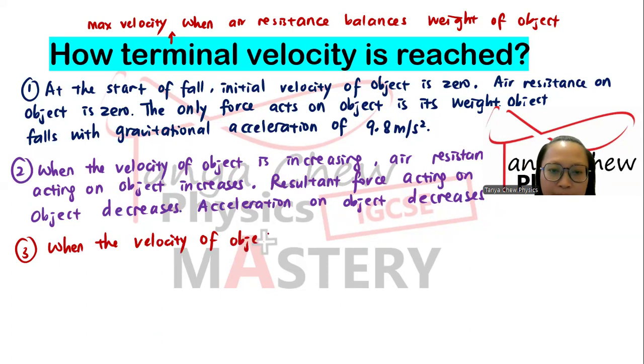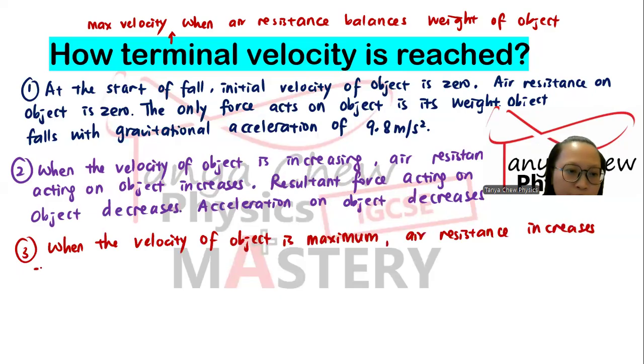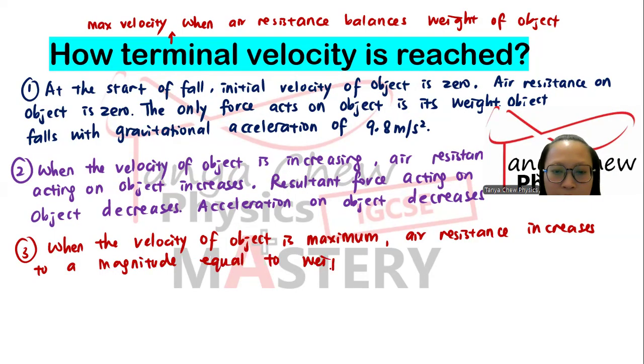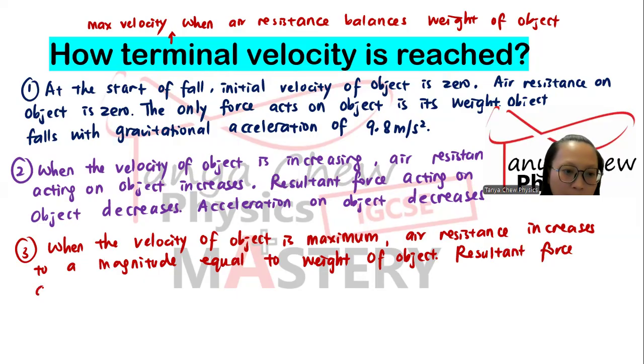So what happened? Because the upward force is balanced by the downward force, the resultant force acting on the object decreases to zero.